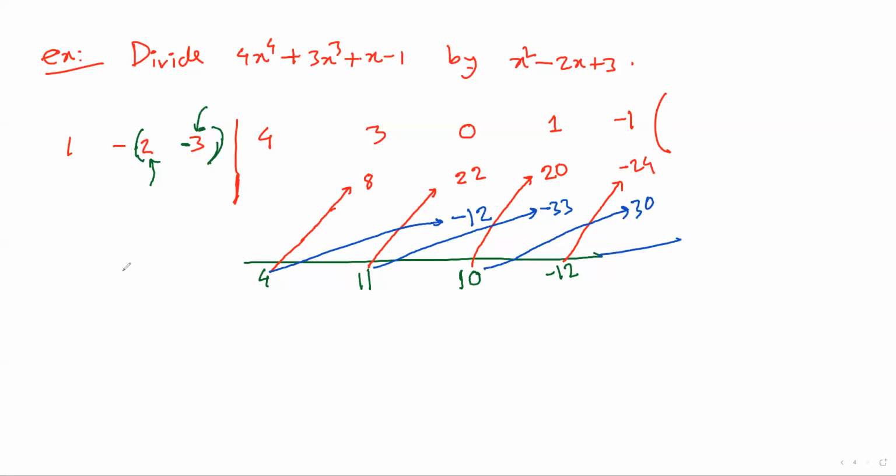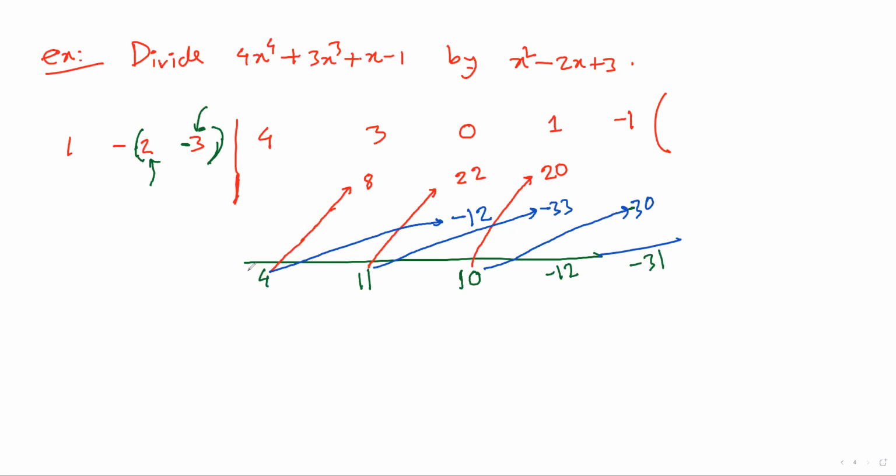We do not multiply the last guy by 2. So remove this last part. We stop here and just add -1 and 30. Should it be 30 or -30? It should be -30 because we are multiplying by -3 to get -31.